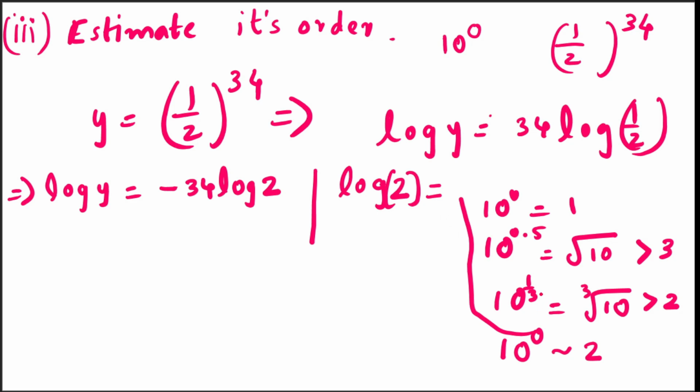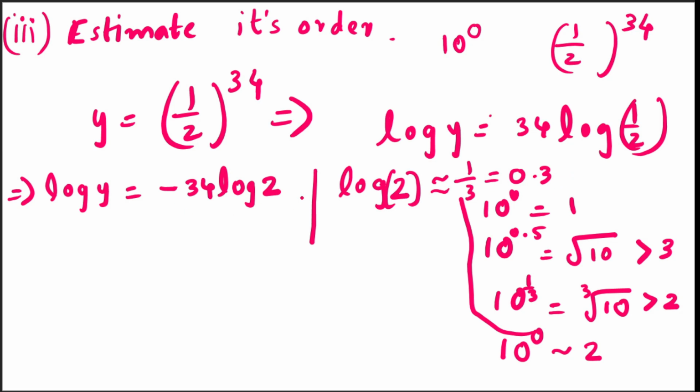So 10 raised to 1 by 3 is closer to 2. We can approximately take log 2 to be 1 by 3, which is 0.3.